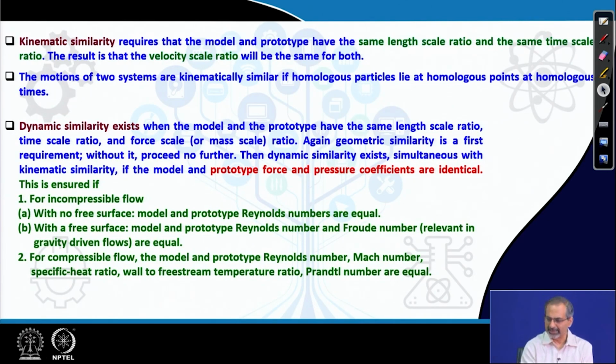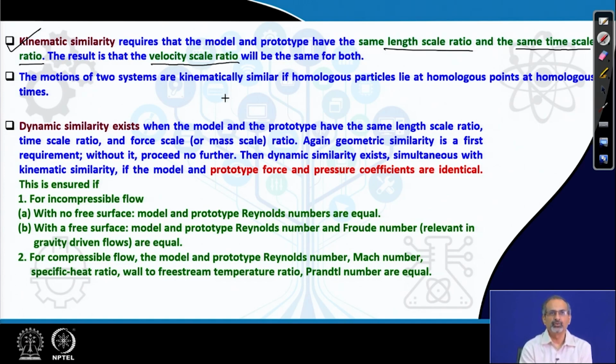Let us move on to the next category, kinematic similarity. What does it require? It requires that the model and the prototype have the same length scale ratio, which is the geometric part, as well as the same time scale ratio. The consequent implication is that you end up having the same velocity scale ratio between model and prototype.